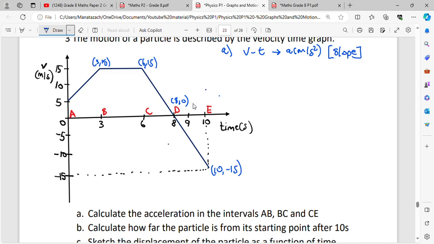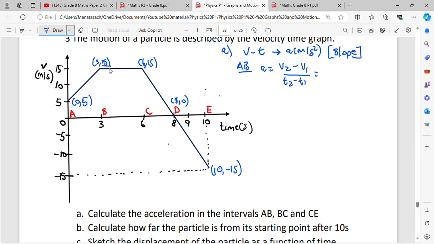So let's calculate for AB. The acceleration is V2 minus V1 divided by T2 minus T1. The coordinate here, remember, is 0 and 5.